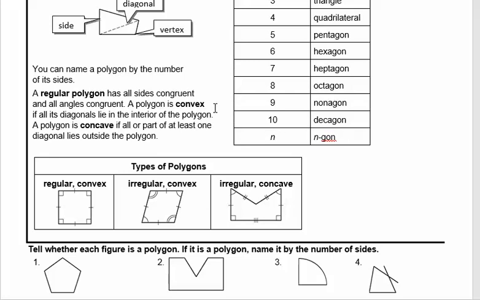Some more words that you have to know are convex and concave. A convex polygon is when all of the diagonals would lie in the interior of the polygon. If you can make any diagonal that lies outside of the polygon, then you would say that it is concave.